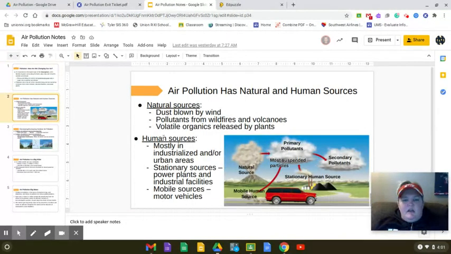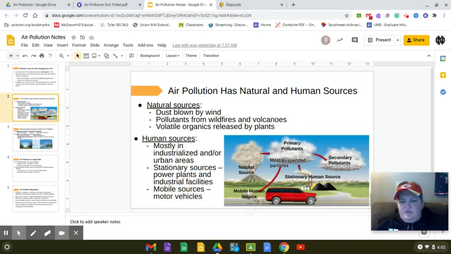Air pollution has both natural and human causes or sources. The natural sources would be things like the wind. The wind will kick up dust, sand, a variety of different stuff that it puts into the air, and that's a form of pollution, but it's a natural form of pollution. It happens without us.